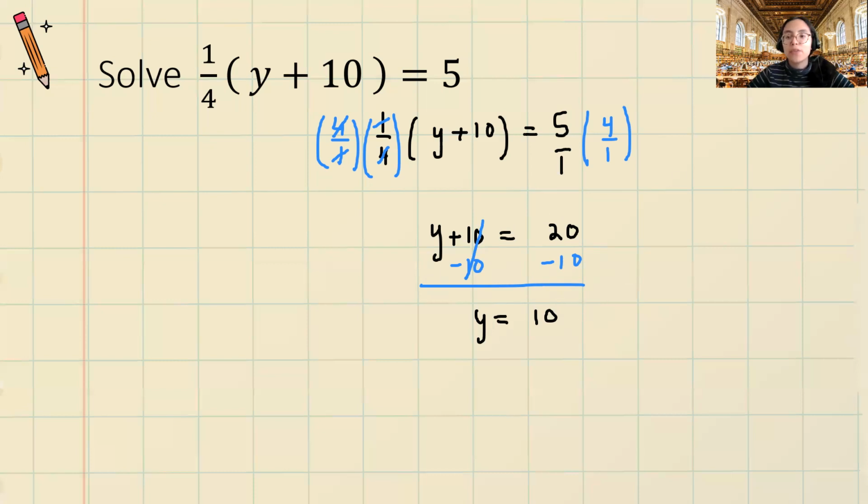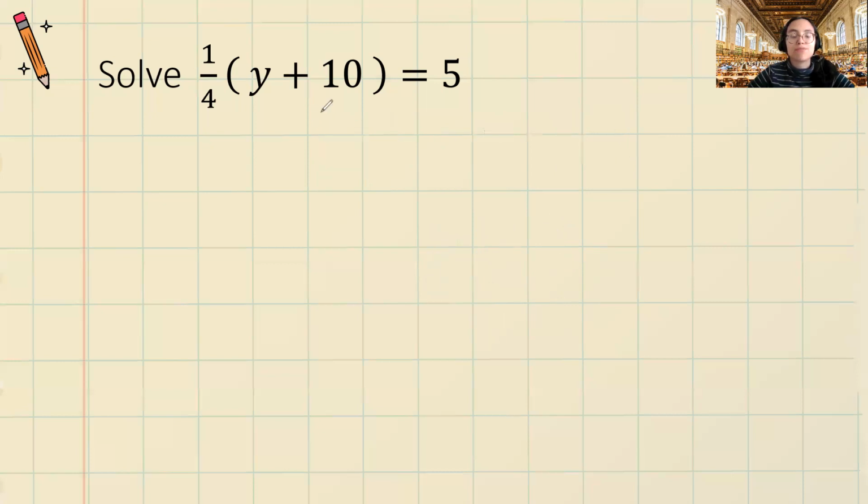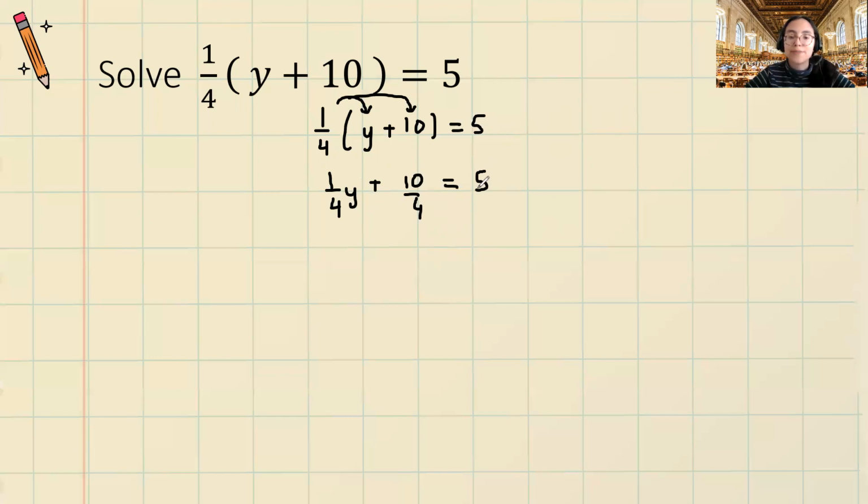But what if you wanted to actually distribute? What if that was what you did, or maybe you committed already and you want to see what that was like? So let's distribute. We would have 1/4 times y plus 10 over 4, and that would be equal to 5.